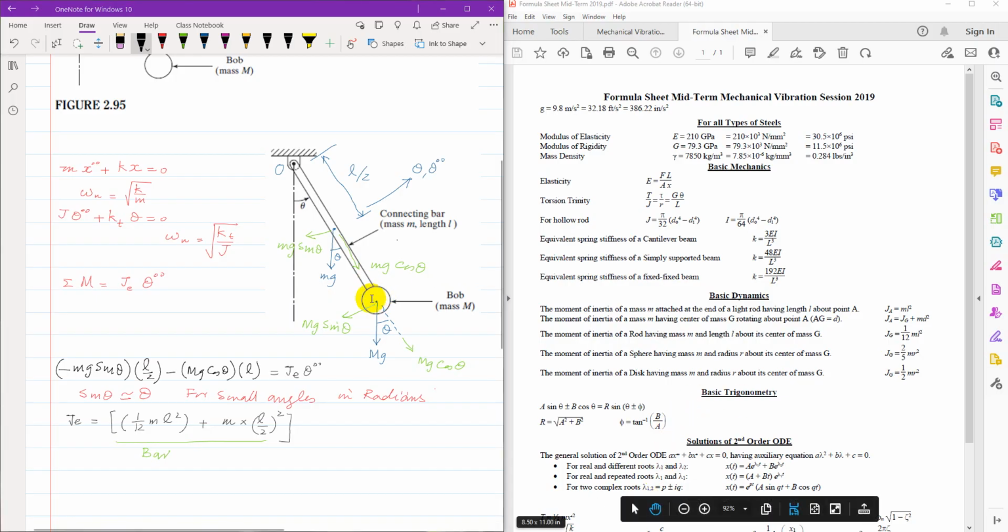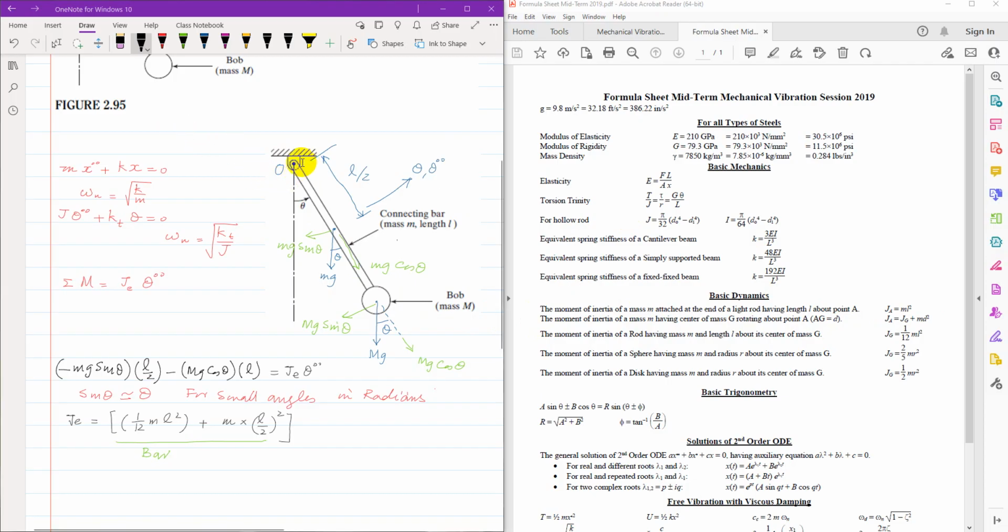But here, this bob is not rotating about its center, but then what we will consider is that this mass is attached to a virtual rod, like the moment of inertia of mass m attached at the end of a light rod having length L, that is m L squared.